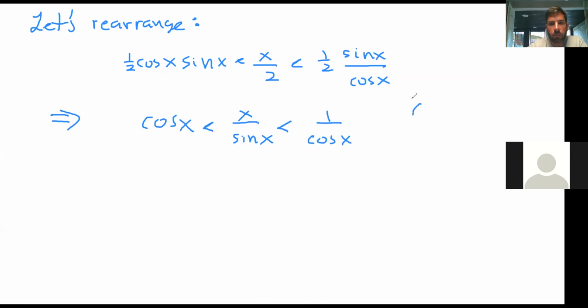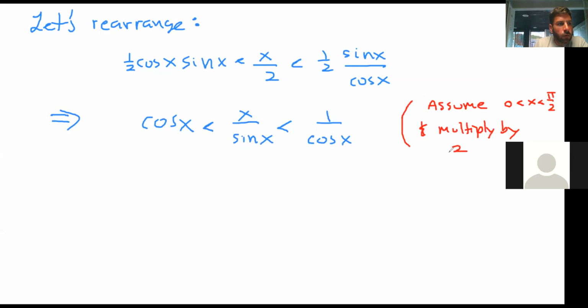So let me reiterate what we did here. Why this was legal is we assume that x is between 0 and pi over 2, and multiply by 2 over sine.